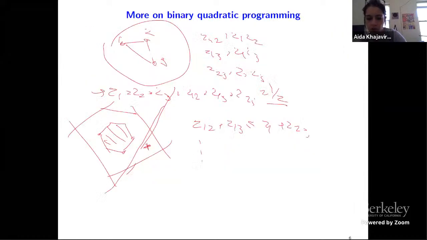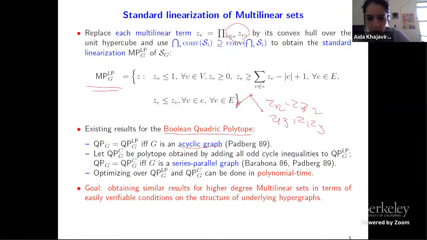And he showed more than that. He showed that if you add all such inequalities to the standard linearization, you get the convex hull when G has no K4 minor, also called a series parallel graph.